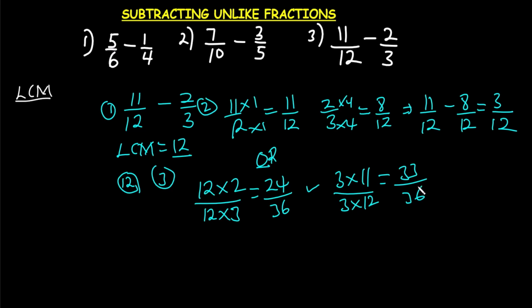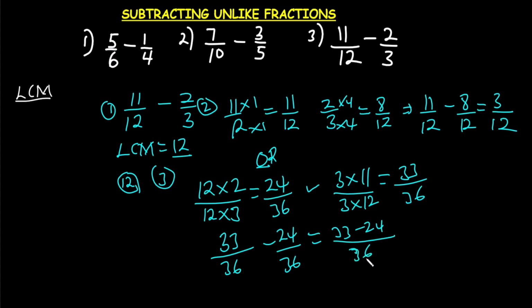The next thing is that I'm going to subtract the smaller fraction from the bigger one. So it is 33 over 36 minus 24 over 36. I'm going to subtract 33 minus 24 over 36, and 33 minus 24 is 9 over 36.